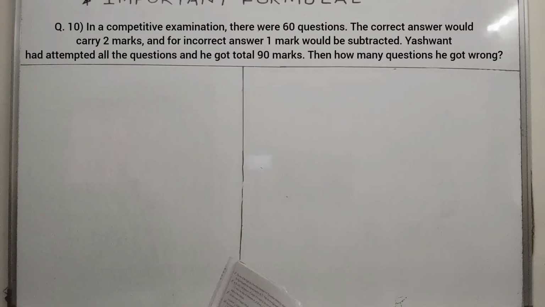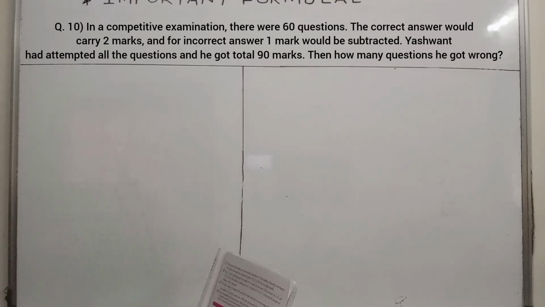Question number 10. In a competitive examination, there were 60 questions. Total number of questions 60. The correct answer would carry 2 marks, and for incorrect answer 1 mark would be subtracted.